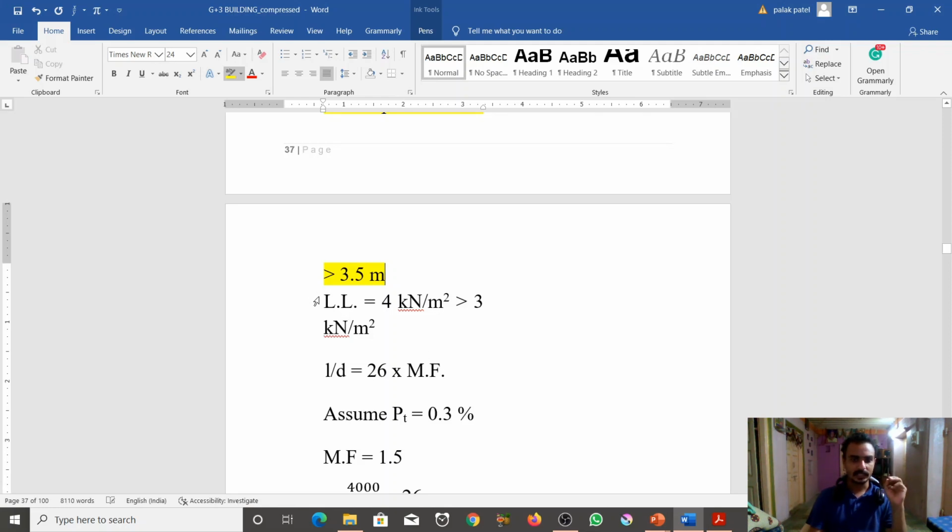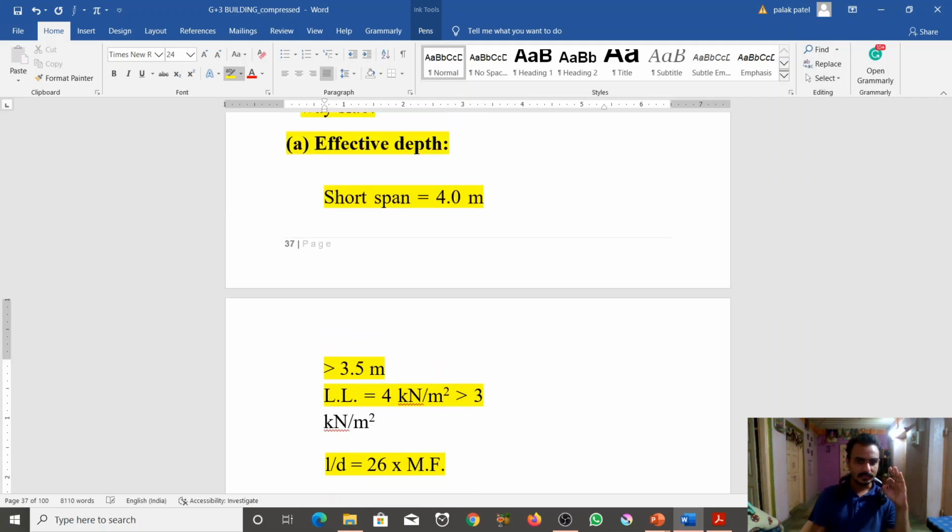And the live load is 4, which is greater than 3. So in this condition, we have to follow this effective depth ratio: L by D is equal to 26 into MF. These are both conditions: short span greater than 3.5 and live load greater than 3.